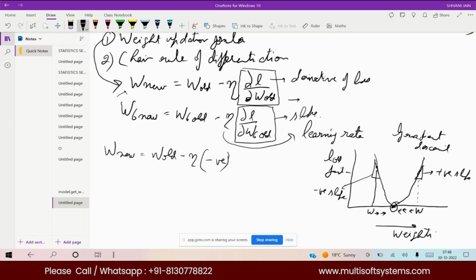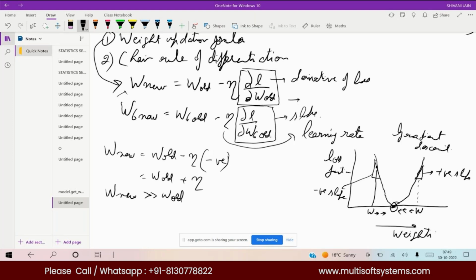So minus eta of any negative term, right? Which comes out to be W old plus eta, because when we multiply two negatives, it becomes positive. In this case, my W new will be greater than W old.